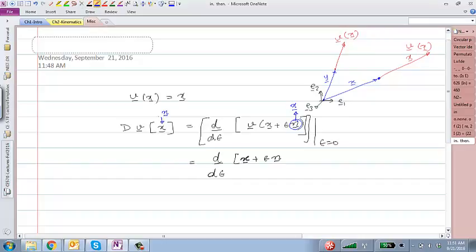We are saying that the directional derivative of v in the direction n is what we want to find. So when n is equal to x, what we get here is x plus epsilon x. Take the derivative first and then set epsilon equal to 0. What is the derivative of the vector x with respect to epsilon?